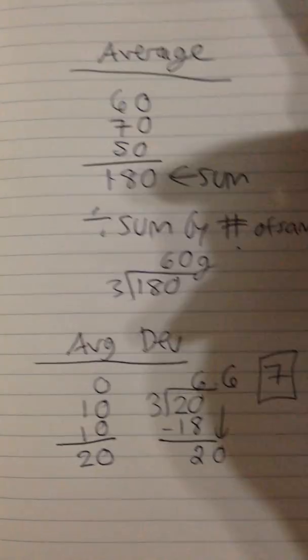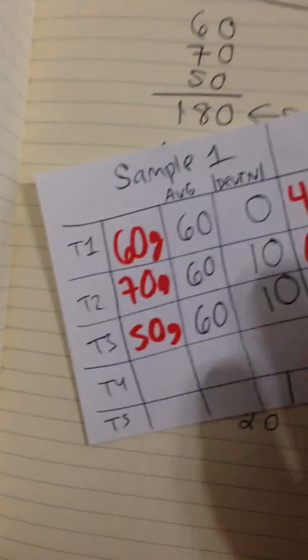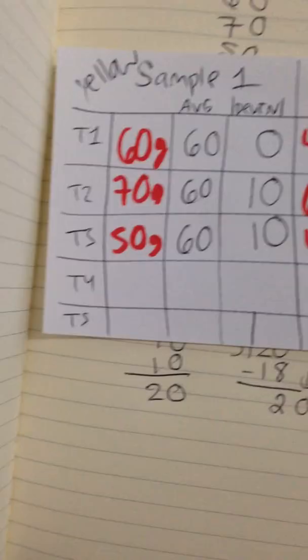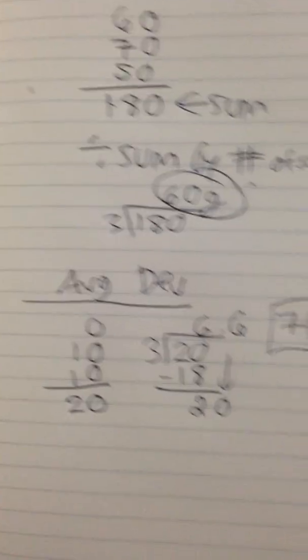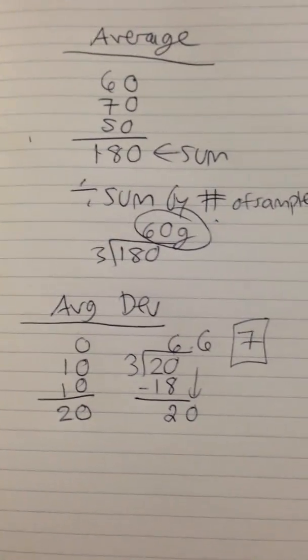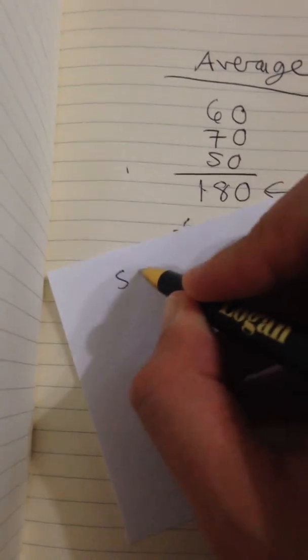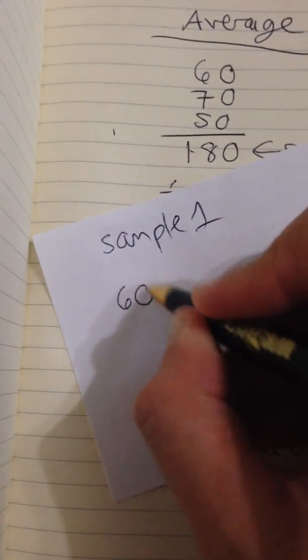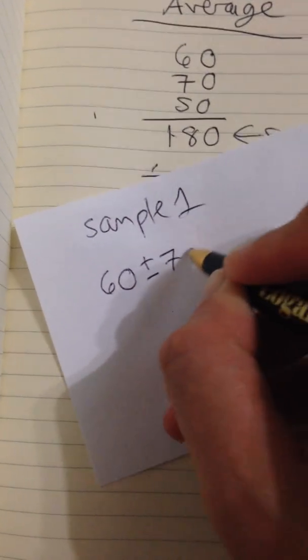So in the end, we can say that this sample 1, which was our yellow peas, had an average of 60 grams and an average deviation of 7. And the way to write that will be, I'm going to write it here, sample 1 weighed 60 plus or minus 7 grams.